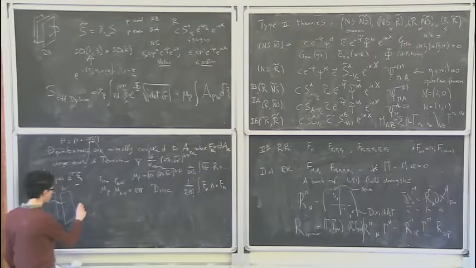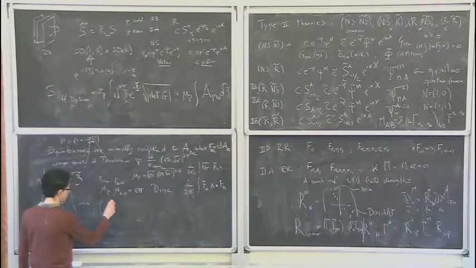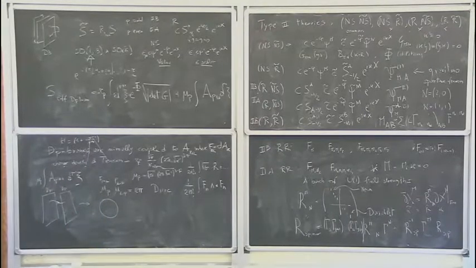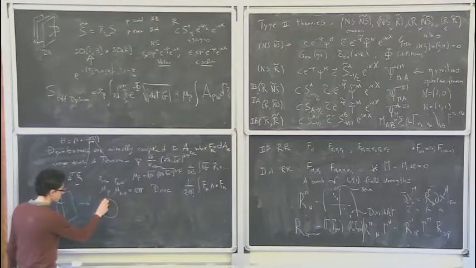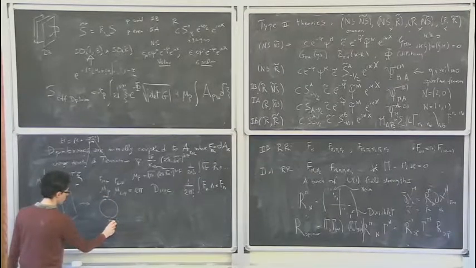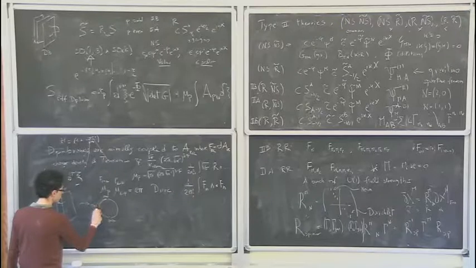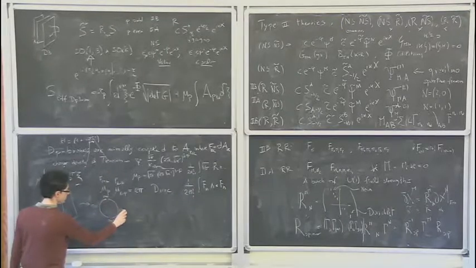And from the worldsheet point of view, it means that you have a disk. And on this disk, you have sigma equals 0, sigma equals pi, right? This is z equals 0, z equals infinity, and this is the sigma equals 0 boundary, and this is the sigma equals pi boundary.